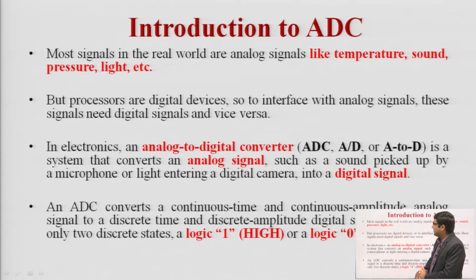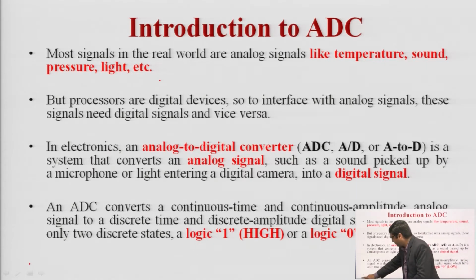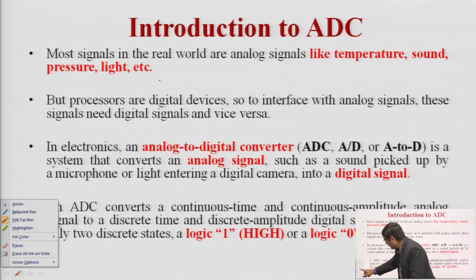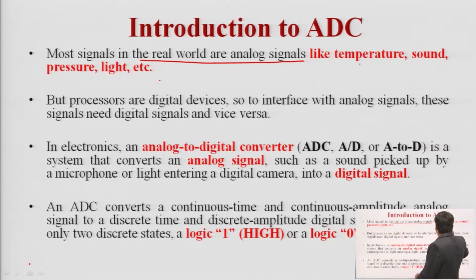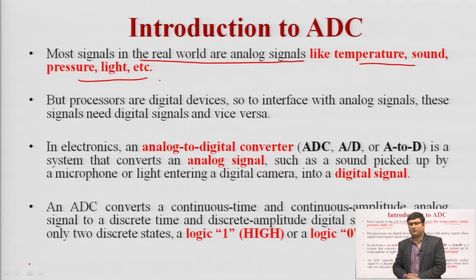Most signals available in the real world are analog signals, like temperature, sound, pressure, light, etc. But in the digital world, we are dealing with digital devices that understand only the language of zeros and ones.